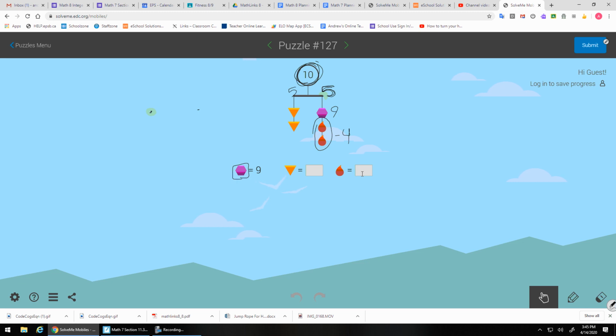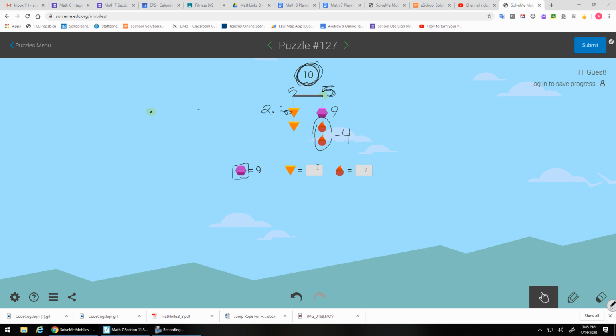So you could enter that in. Okay, so I know that it's -2. How do I... There we go. And what about this yellow triangle? I know that the total is 5, so 5 divided by 2 is 2.5, so a yellow triangle must be 2.5.